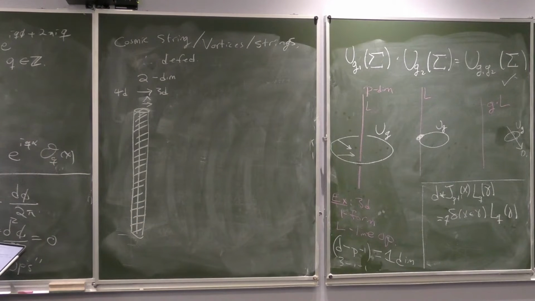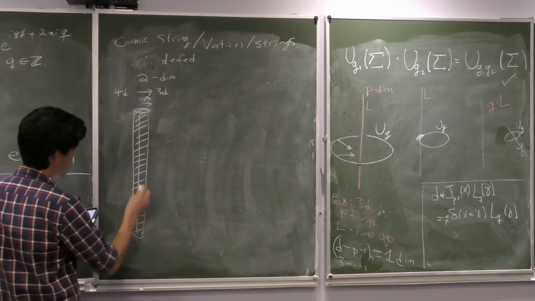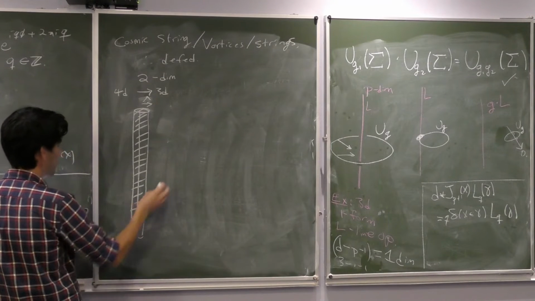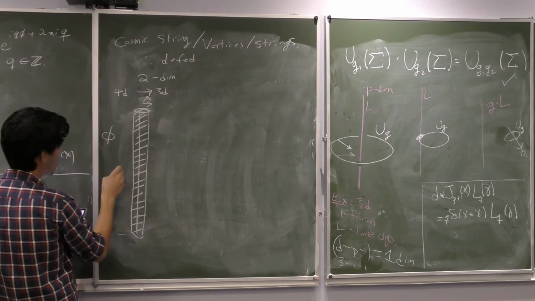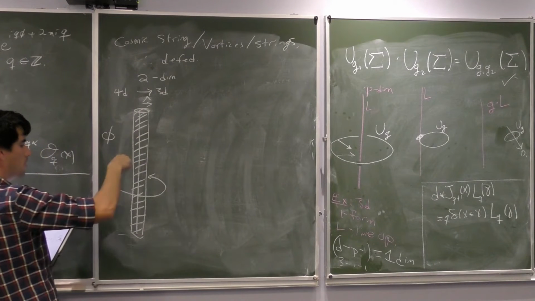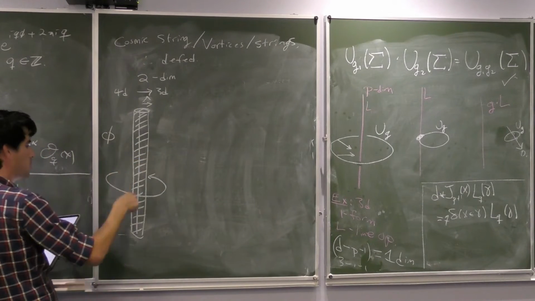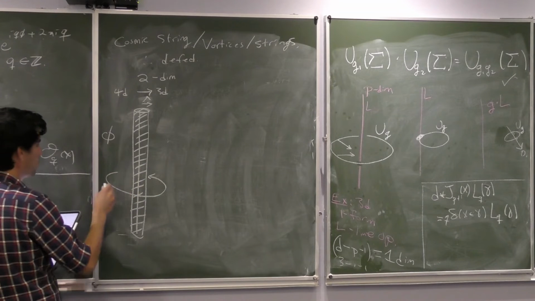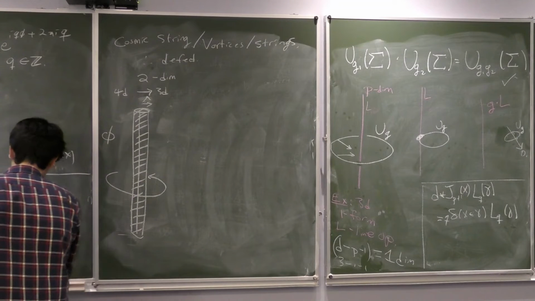Okay? So now that you've cut this out of your space-time, you take your field phi, and you make it wind around 2 pi as you take a loop that goes around the circle. So the picture should look kind of like this.